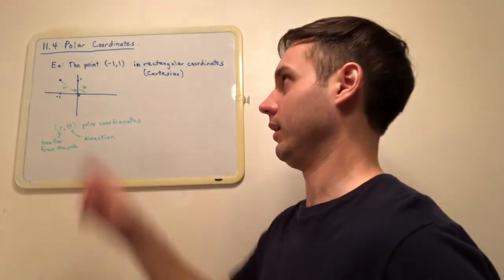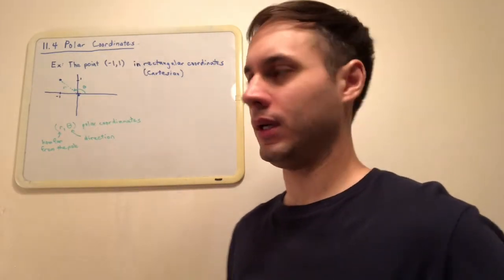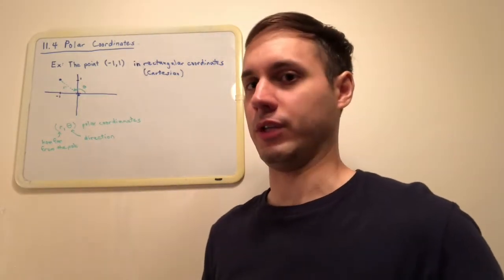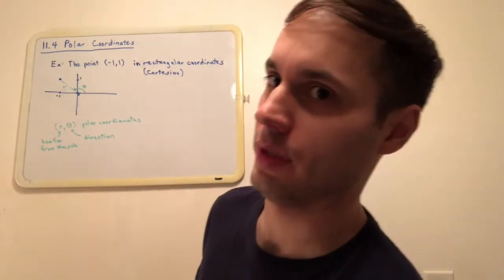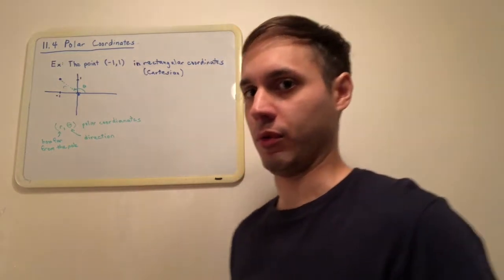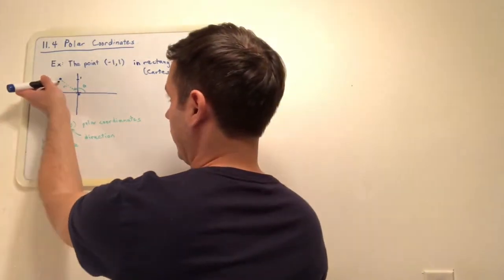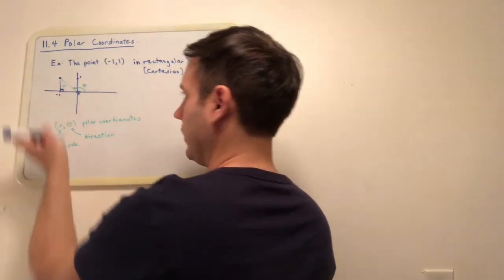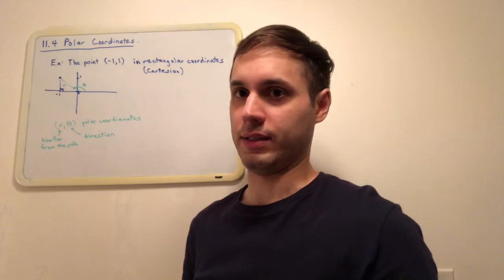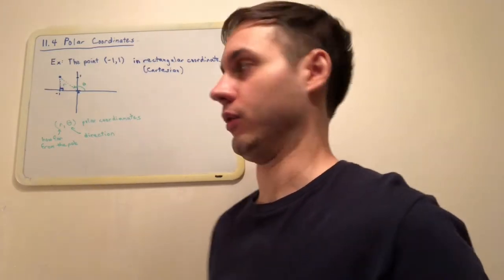So if I want to convert this point -1, 1 into polar coordinates, I just have to remember some basic trigonometry at this point. So I'm just going to do what we've done several times before in this course. I'm going to draw the right triangle and the reference angle. So you should recognize the triangle that I've drawn as a 45, 45, 90 right triangle.